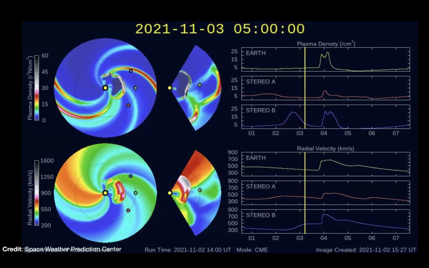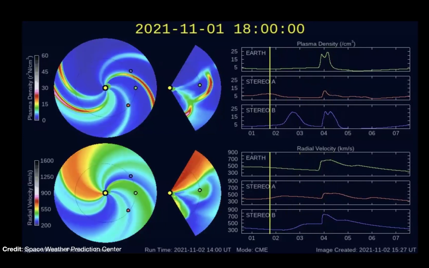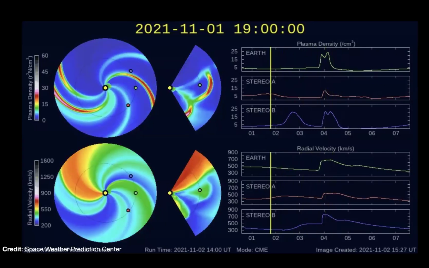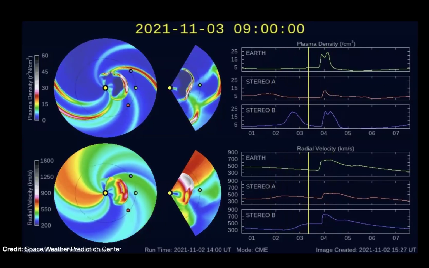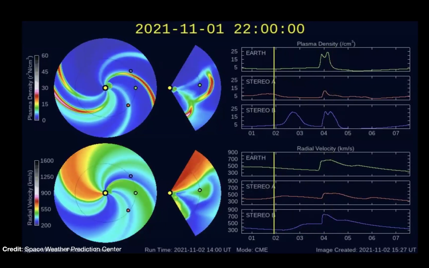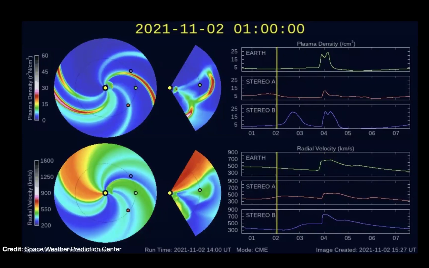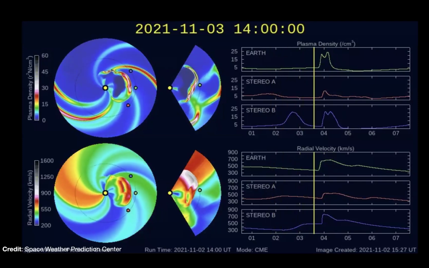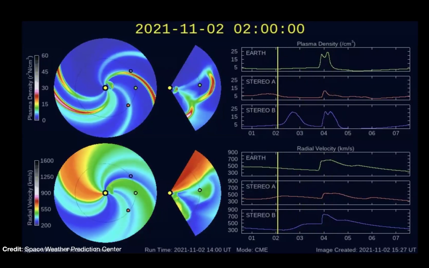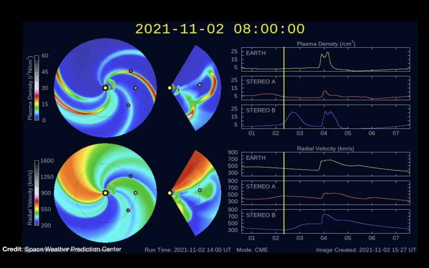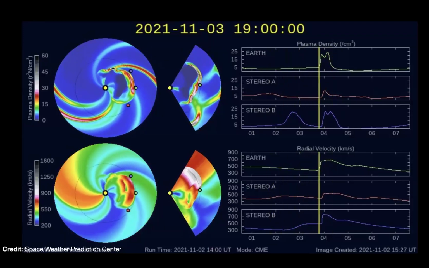This is an animation from the Space Weather Prediction Center showing the predicted trajectory of a coronal mass ejection moving out from the sun here in yellow and the Earth shown in green. They are not to scale, but you can see at the top row showing the plasma density that the coronal mass ejection in this case actually hits Earth.